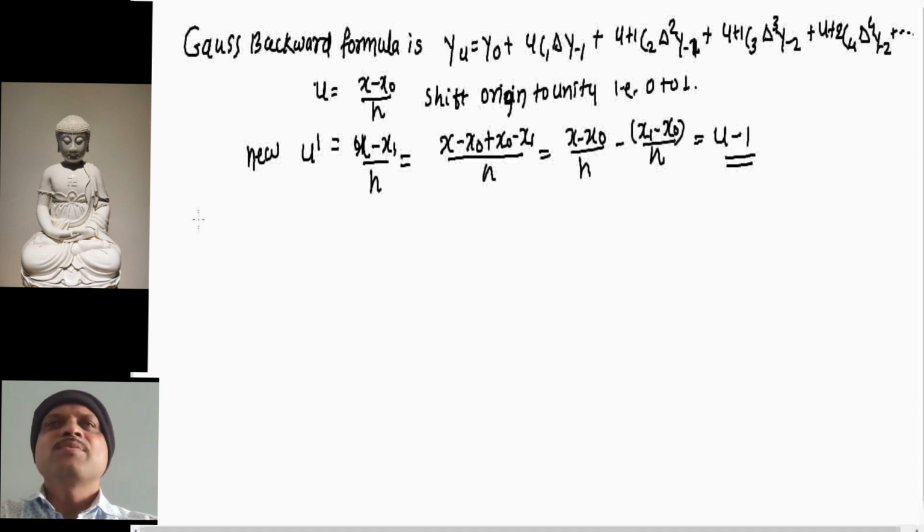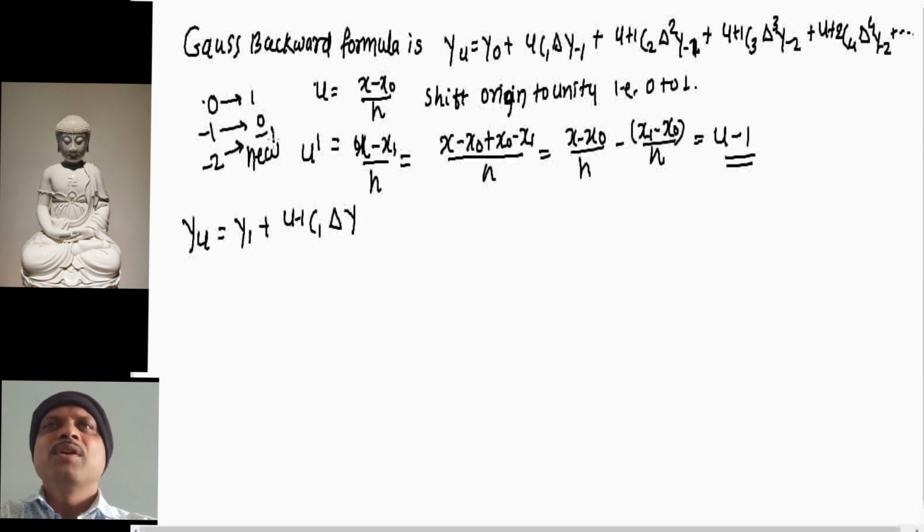Then this Gauss backward formula will be yu equal to y0, so y0 will be shifted to y1, plus u is shifted to (u minus 1) c1 delta y at minus 1. Look at this, 0 is shifting to 1. So minus 1 will be shifted to 0, minus 2 will be shifted to minus 1.